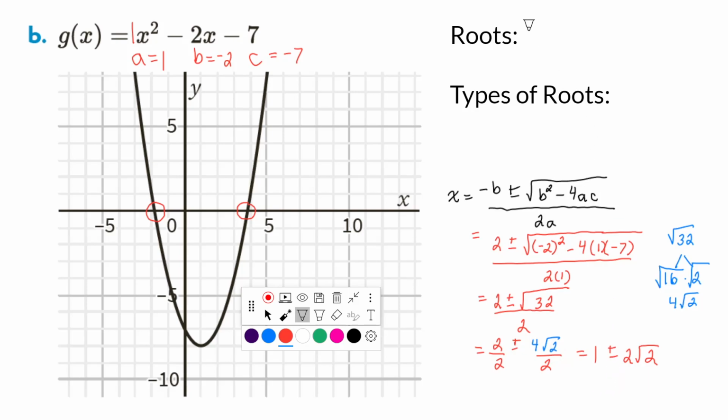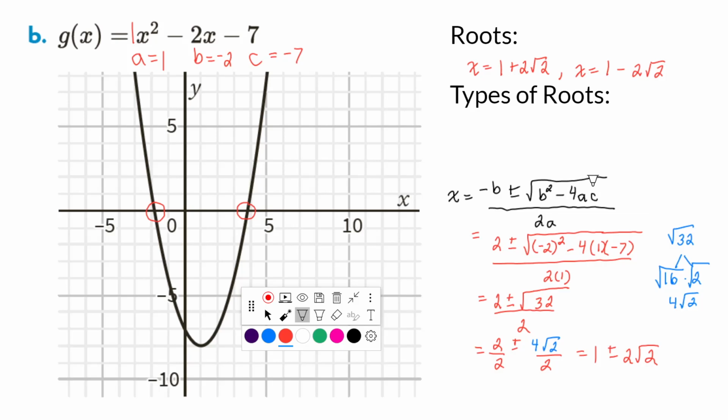So our roots are x equals 1 plus 2 square root of 2 and x equals 1 minus 2 square root of 2.